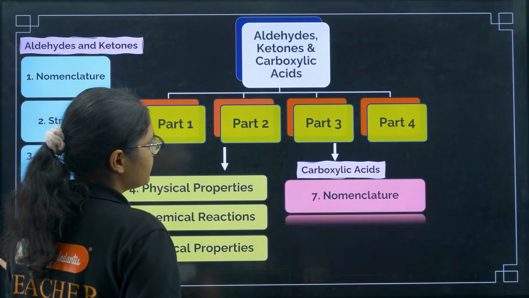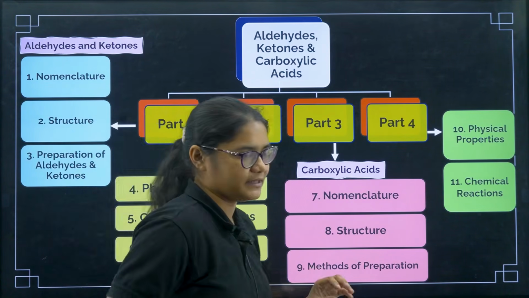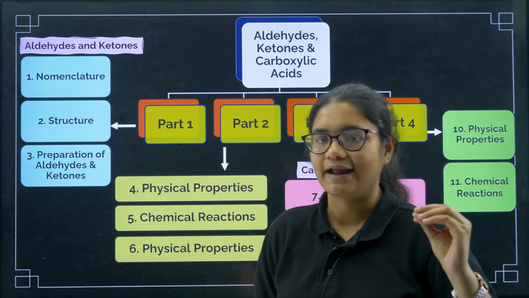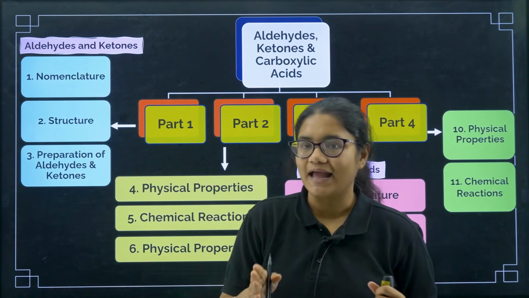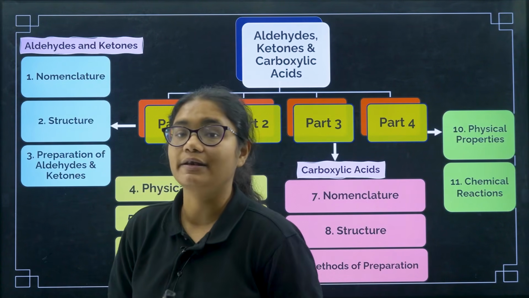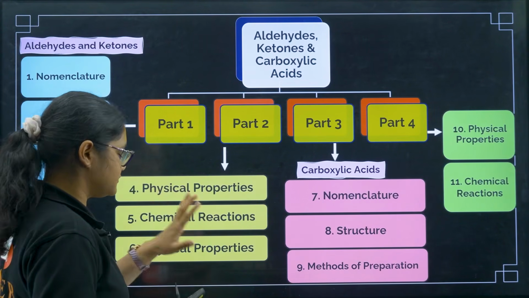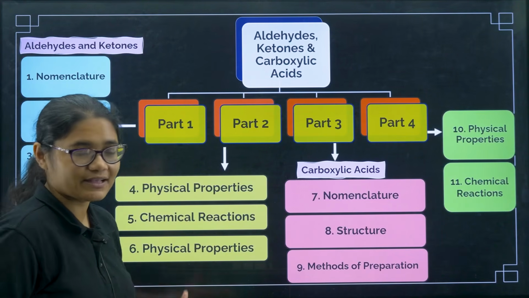In the first part we will study the basic things, that is nomenclature, classification and preparations of aldehydes and ketones, meaning those methods by which we can prepare both aldehydes and ketones. Next come the physical properties and chemical reactions, the lengthiest part.